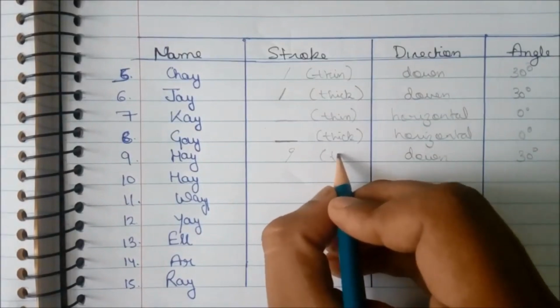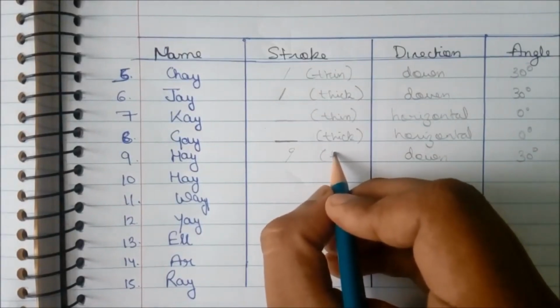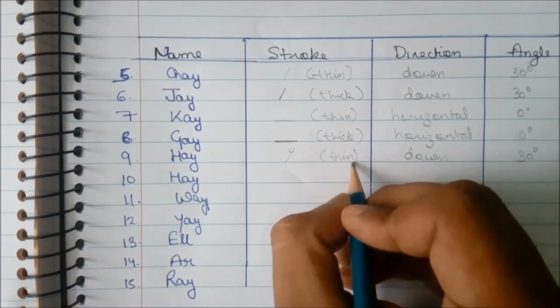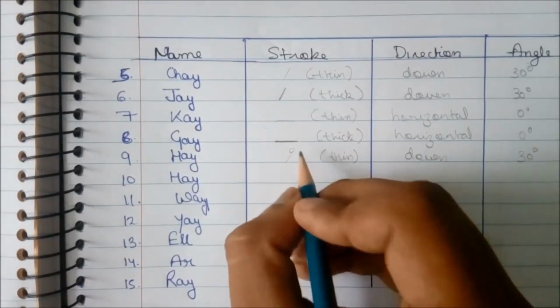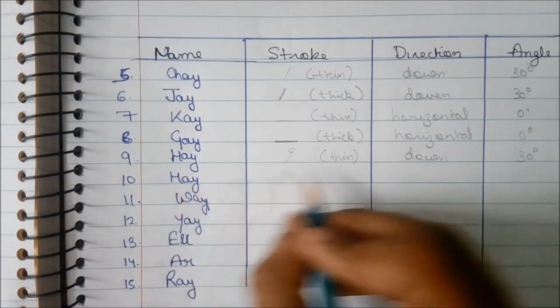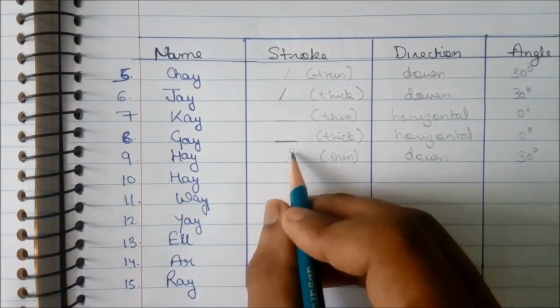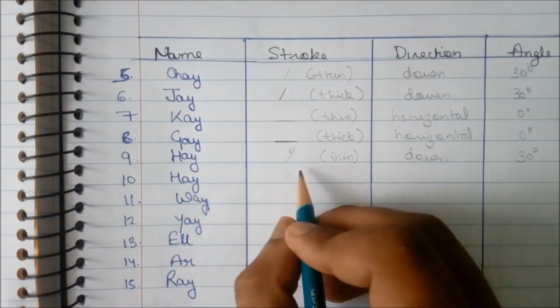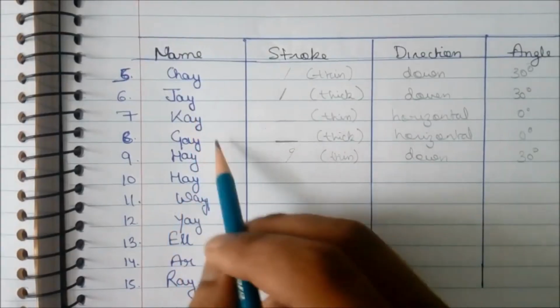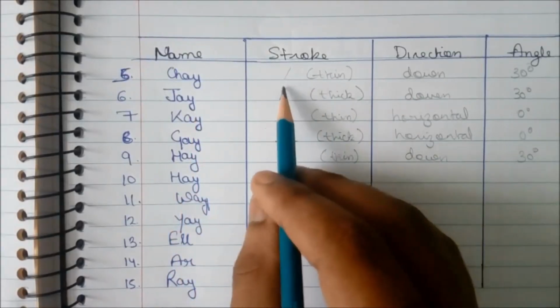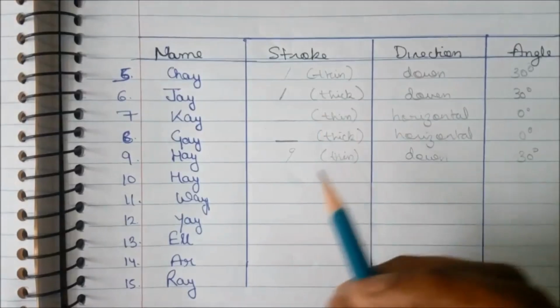It is a thin stroke. It's up to you, you can draw it as thin or thick, because there is no similar stroke like He as you have seen in Ch and J and K and G. So to differentiate, we have drawn it as thin and thick.